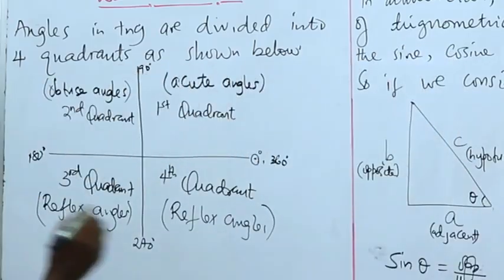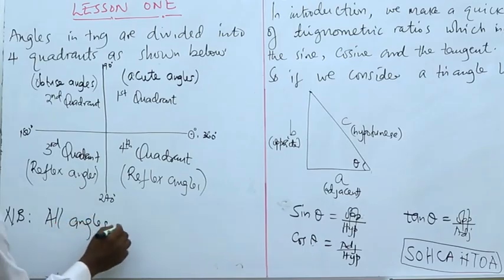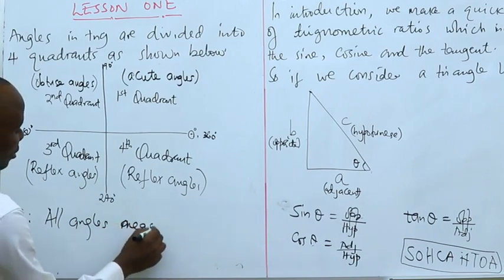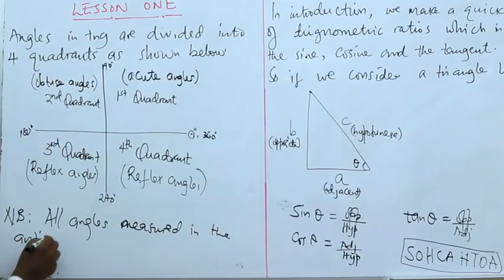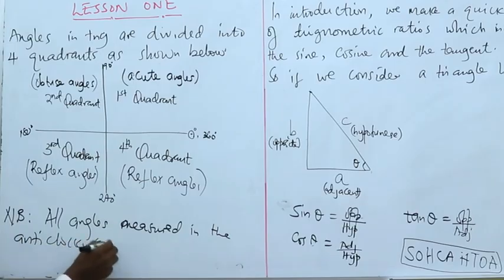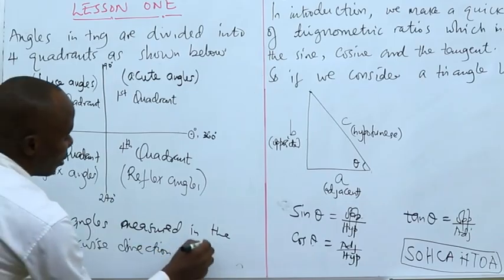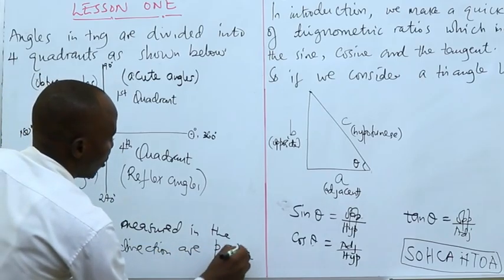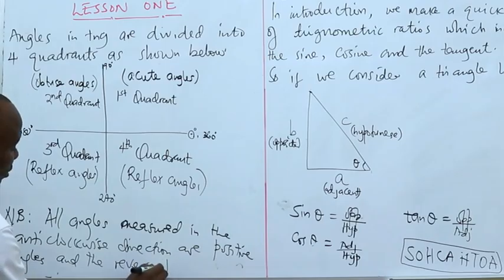Something to note, I've mentioned it as I was talking, but I have to put it here. All angles measured in the anti-clockwise direction are positive angles, and the reverse is true.